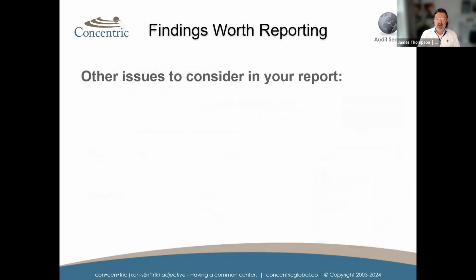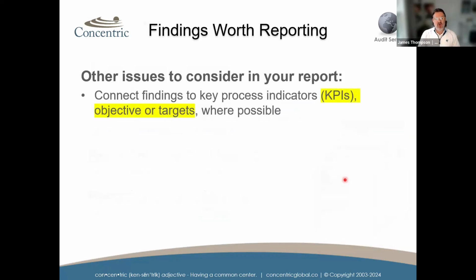Other issues to consider in your report, because ultimately you want findings that are worth reporting. So you want to connect the finding to key process indicators, KPIs or PPIs. Sometimes we will call them process performance indicators, but KPIs are kind of the high level objectives and targets when you can.